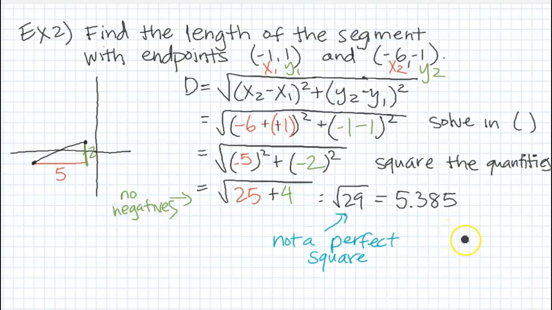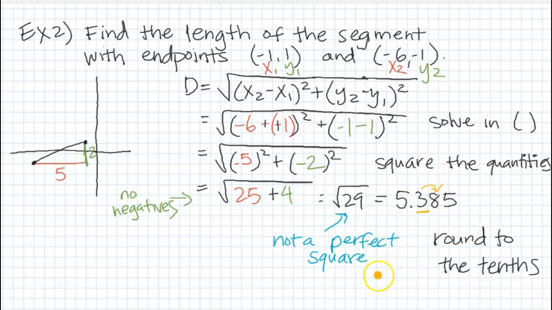Now I do want to talk about rounding here. So if I am rounding to the tenths, that is going to be my first decimal place. So it goes tenths, hundredths, thousandths. And after my first decimal place, I want to look at the following number.